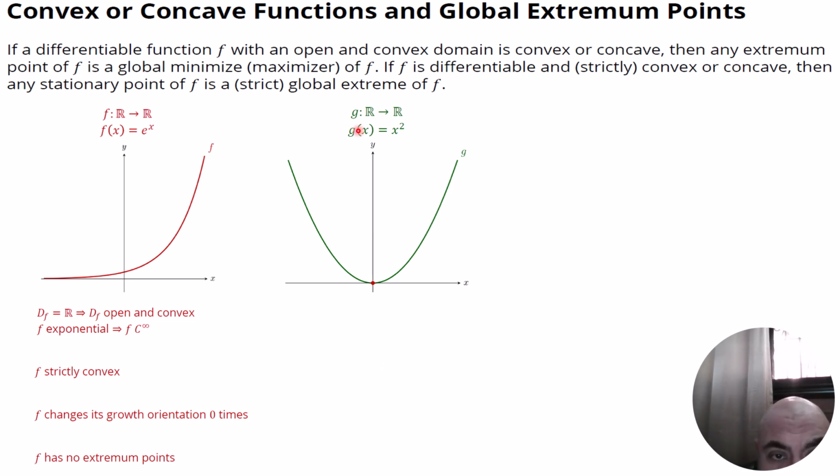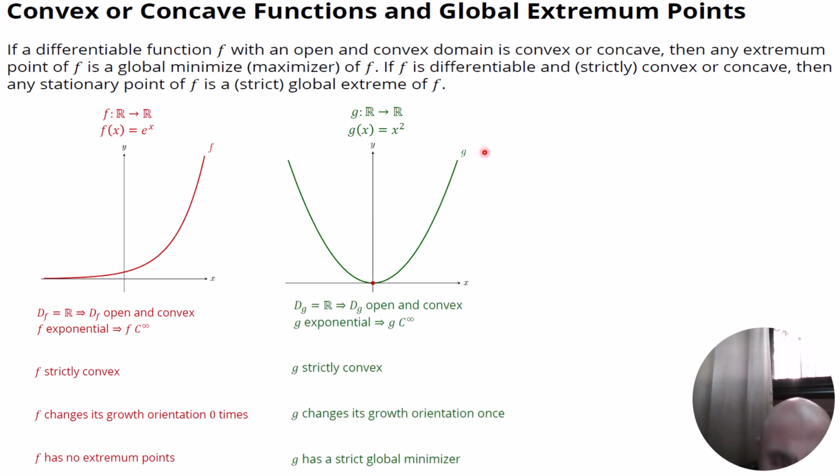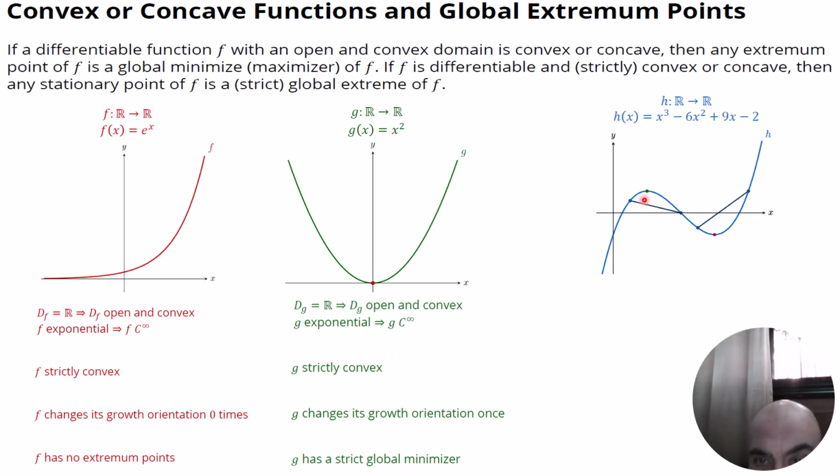On the other hand, for y equals x squared, the function changes its monotonicity from decreasing into increasing, and so with an open domain, you will have a local and a global minimizer for this function. So it's a strict global minimizer. Okay, in this case, you also have an infinite, open domain for x cubed.